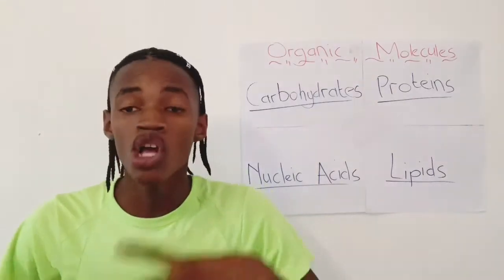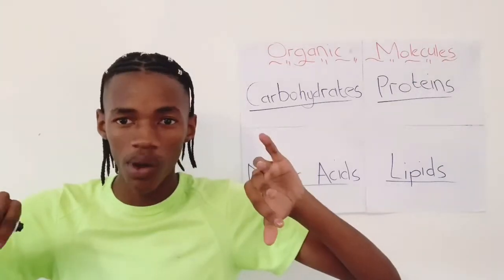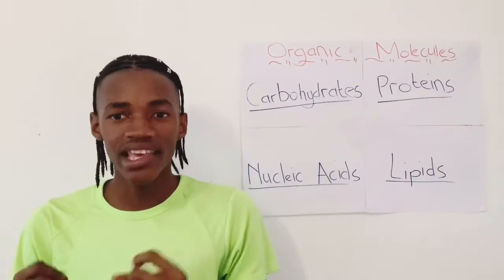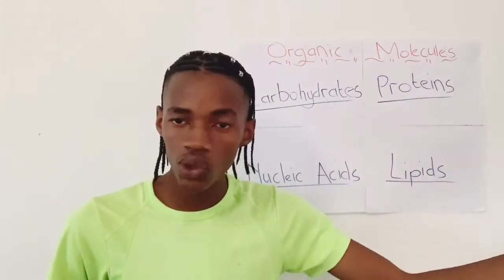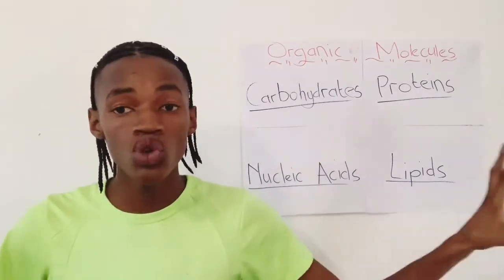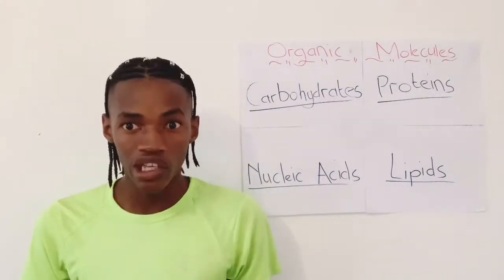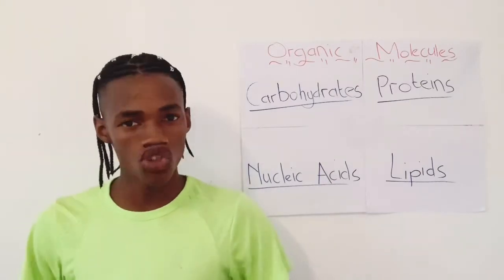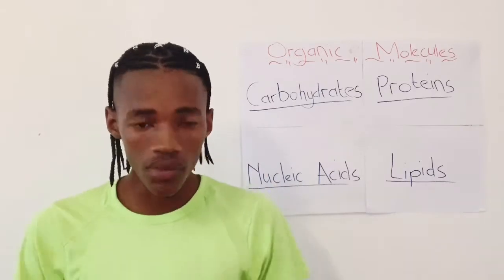So basically, when we add water, the molecule will split apart, and the water molecule will also break apart, and then the hydroxyl group from the water molecule joins the one molecule, and the hydrogen from the water molecule joins another molecule, and then we have 2 separate molecules. And that is how we break molecules by hydrolysis. So dehydration synthesis and hydrolysis are pretty much the reverse of each other.